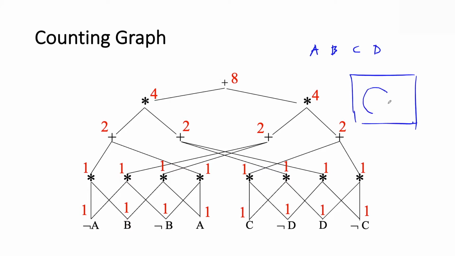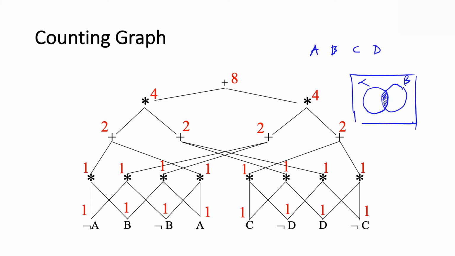I said, in general, this is alpha, and this is beta, and they could share models. But if they're mutually exclusive, that is, if their conjunction is inconsistent, then that area is empty and there is no overlap. So if I give you the model count for this and the model count for that, in that case, you can go ahead and add them up. Okay, so that was needed.